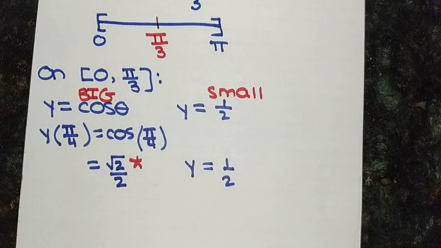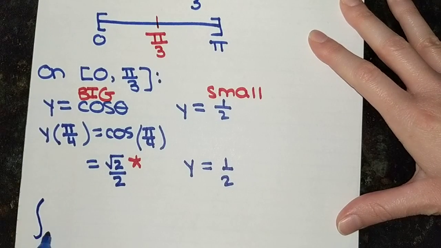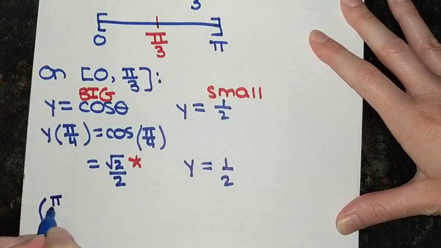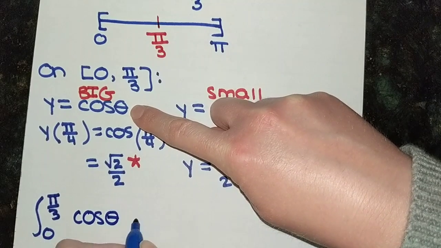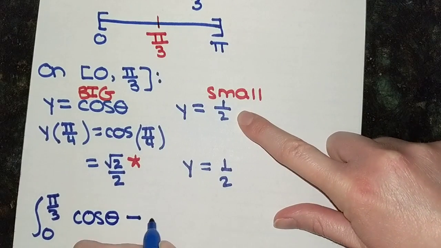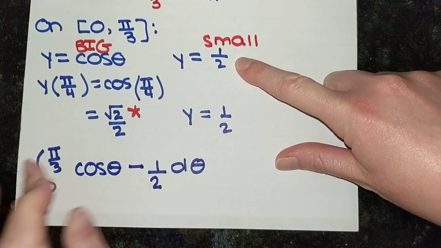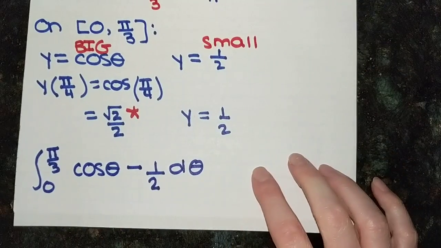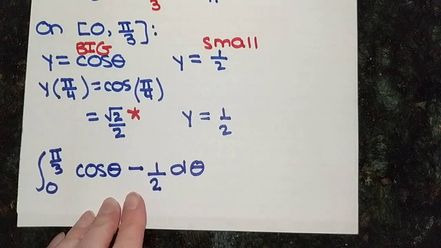So from this initial part, what we have found is that the first integral from 0 to pi over 3 will have a big function of cosine theta minus a small function of 1/2. And of course, because we're using theta, we will have d theta as our variable of integration. Okay, now that is just integral number 1.